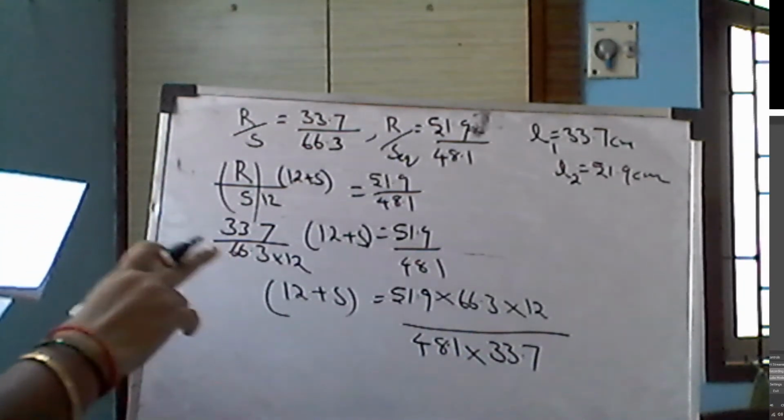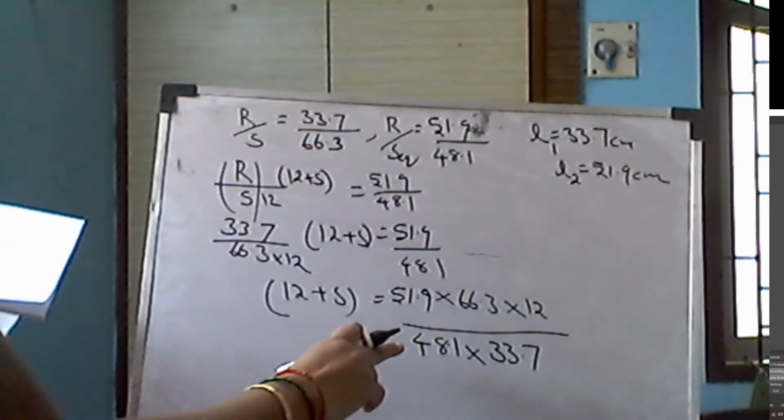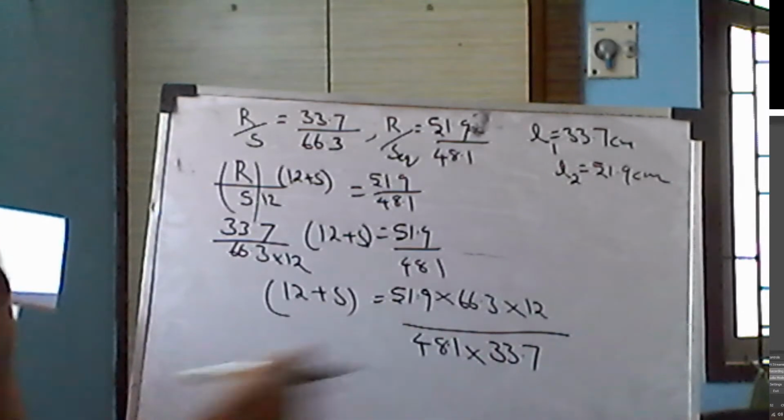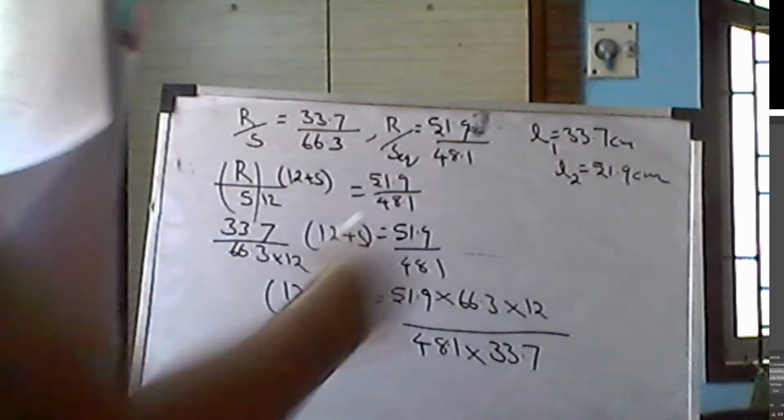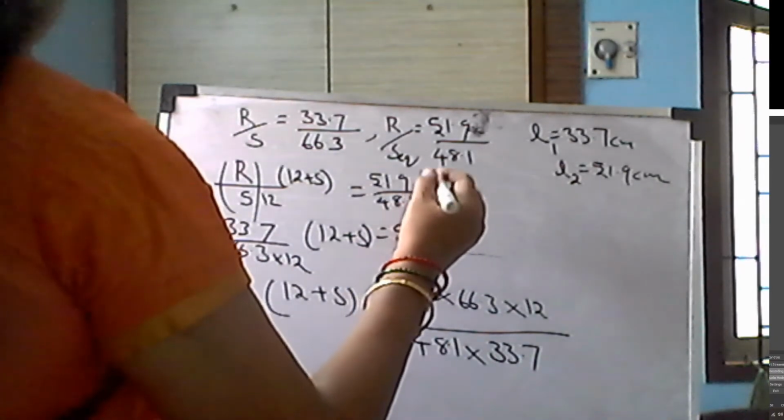So 51.9 into 12 into 66.3, divided by 48.1 into 33.7. I have done this with logarithm, so I am doing it here. Afterwards you can check with the logarithm.